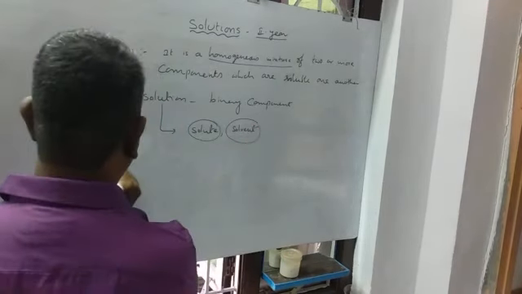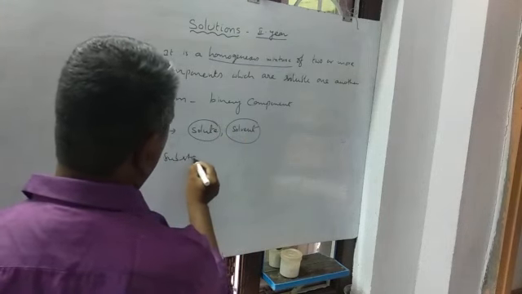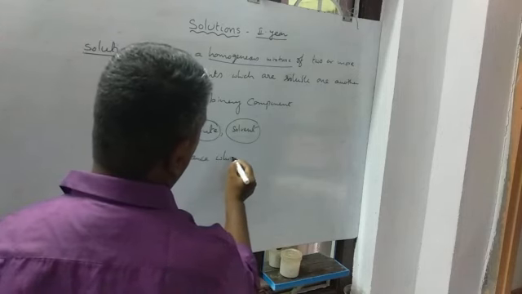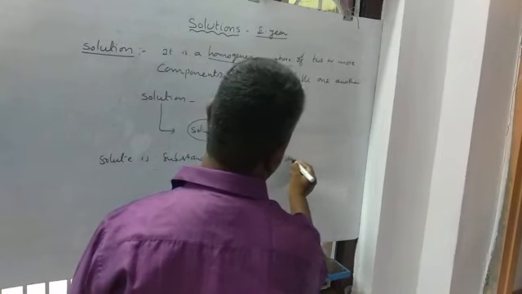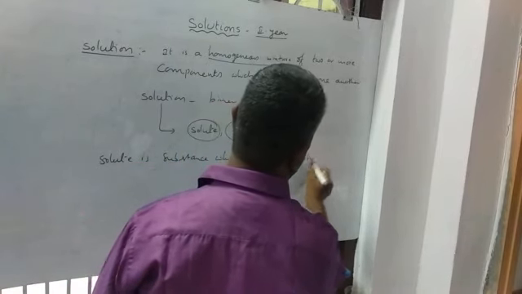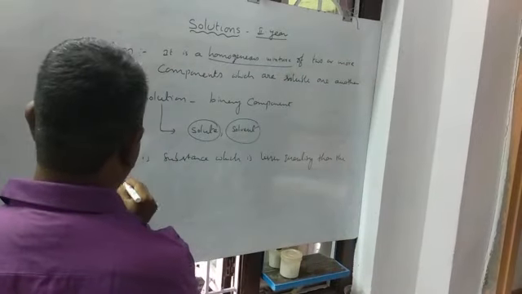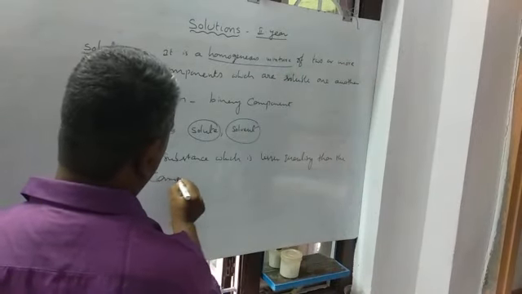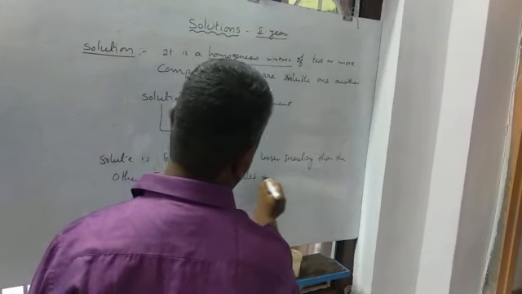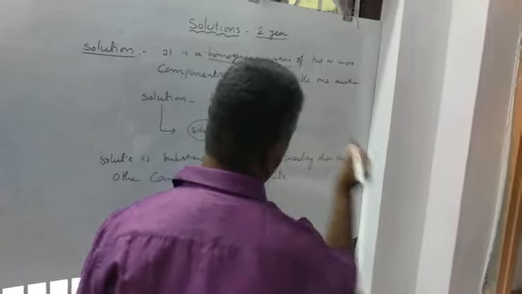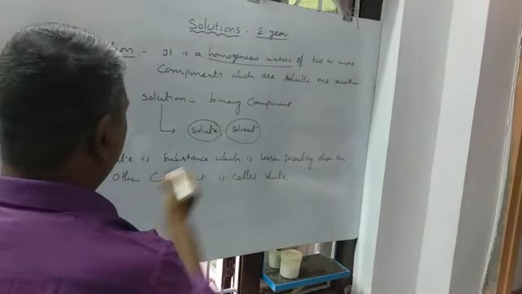Solute is a substance which is in lesser quantity than the other component. It's called the solute. What is the next one? Solvent.